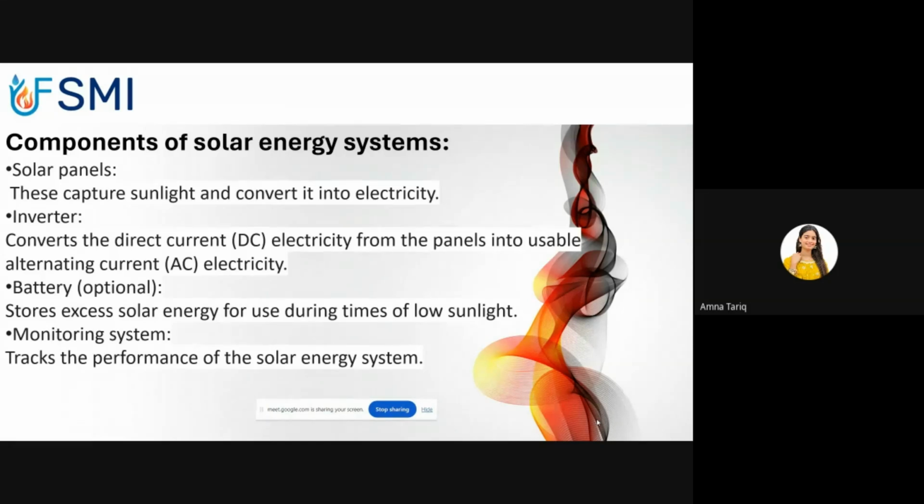One by one: the solar panel captures sunlight and converts it into electricity. Second, the inverter converts the direct current (DC) electricity from the panels into alternating current (AC), which we use as electricity. The battery stores the energy for a long time, for example 4, 6, or 7 hours. The monitoring system tracks the performance of the solar energy system.